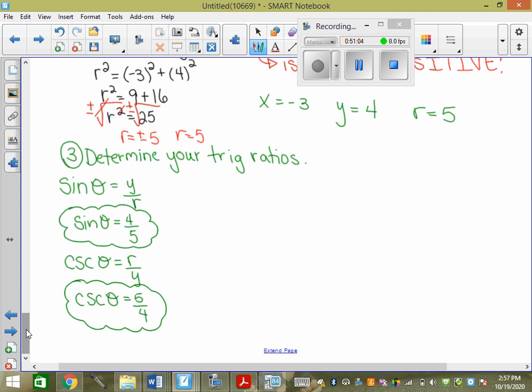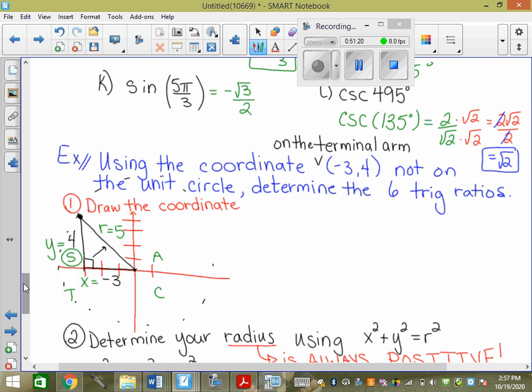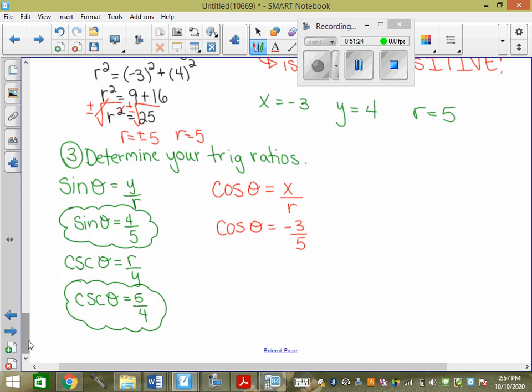Then we have cos. Cos theta is cook extra rice. So cos theta in this case equals -3/5. It's negative. Should it be negative if we're in this quadrant? Yep, only sine and its bestie should be positive. Cos's bestie is secant.